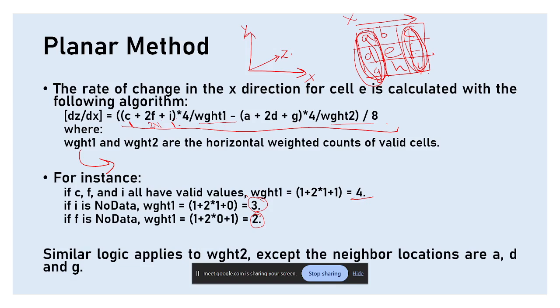If all three are valid, we will put that value there. So you have this formula C plus 2F plus I. So C plus 2F plus I will be what? If all are valid, it will be 1, 1, 1. So 1 plus 2 plus 1, which is 4.